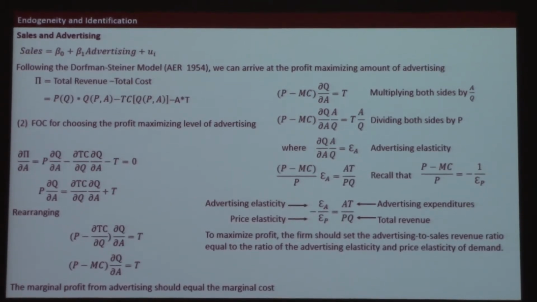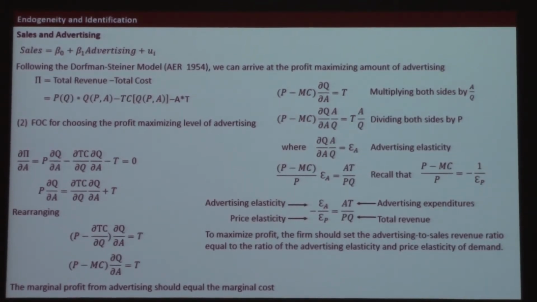And this is actually a profit maximizing condition. We should continue to advertise until our advertising elasticity and price elasticity ratio is equal to our advertising expenditure to total revenues ratio.